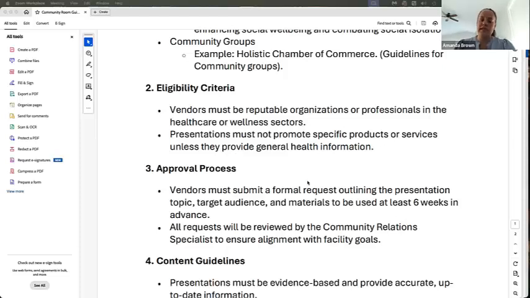So just keep in mind that everything has to be vetted. But as long as it's in line with what we provide and what we offer, because whenever it's in our community room, we're putting our name on it. So it just has to be in line with Ochsner's, how we practice medicine.